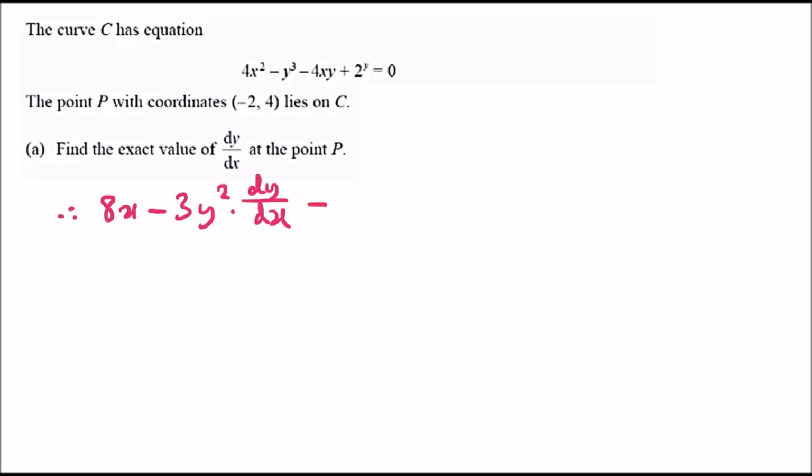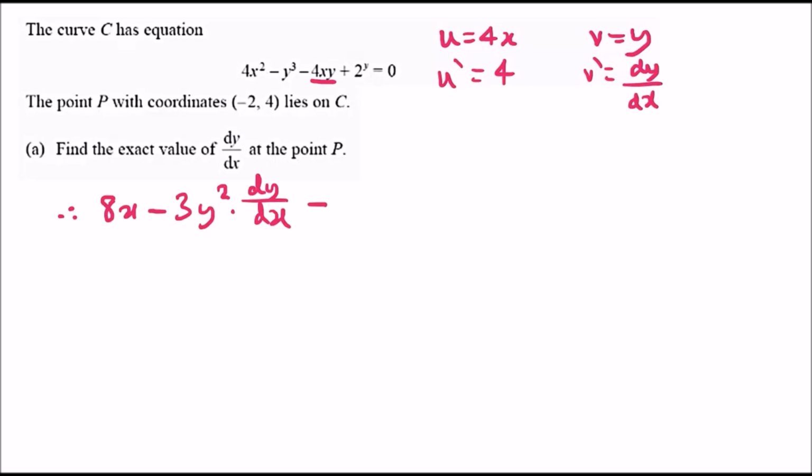Next one, minus 4xy. So this is actually a product of 4x and y. So suppose we let u equal 4x and v equal y. Now we just use the product rule. The derivative of 4x is of course 4, and the derivative of y is dy over dx.